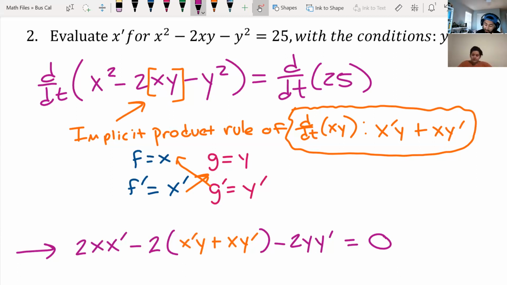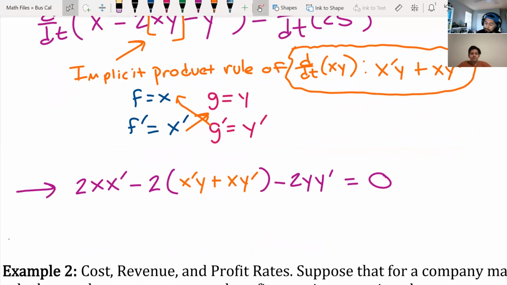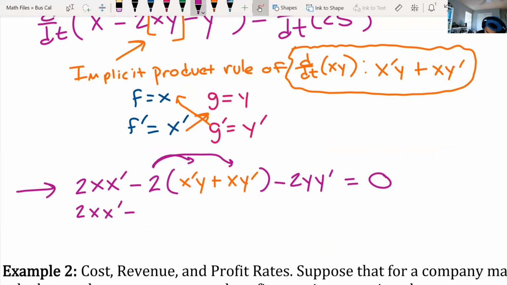Okay, and now we are going to solve for x prime. That's what the problem wants us to do. So the first thing we're going to do is distribute this -2. -2x prime y minus 2x y prime minus 2y y prime equal to 0.